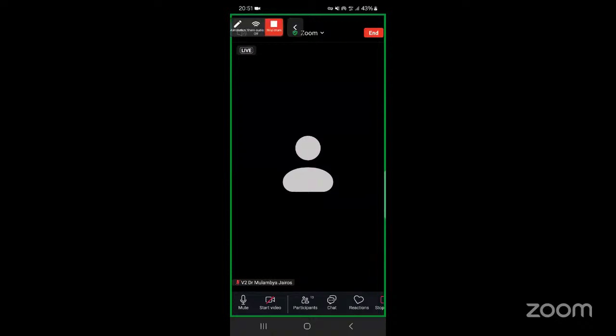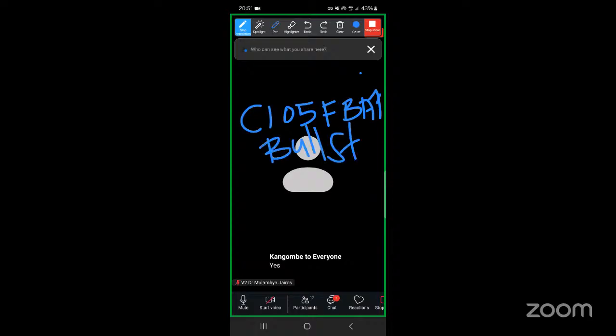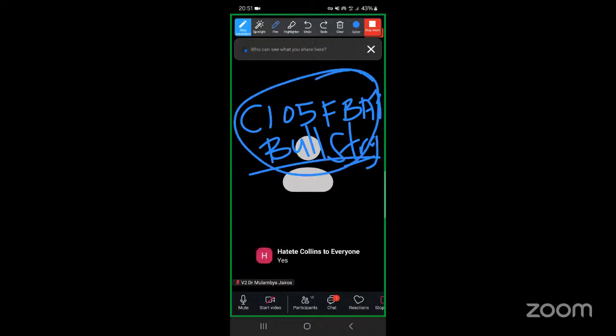If I write C 105, FBA 7, bull strategy, do you understand that language? Is it easy to understand? So this can be your code.